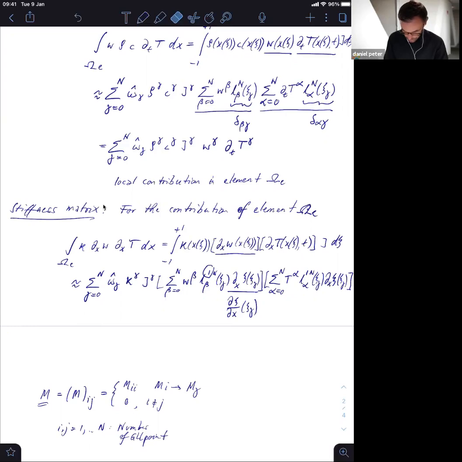Okay. So here the little note is basically what is the derivative of a polynomial, like L alpha, with respect to x. It's going to be the derivative of L alpha with respect to xi times xi with respect to x. The chain rule basically.